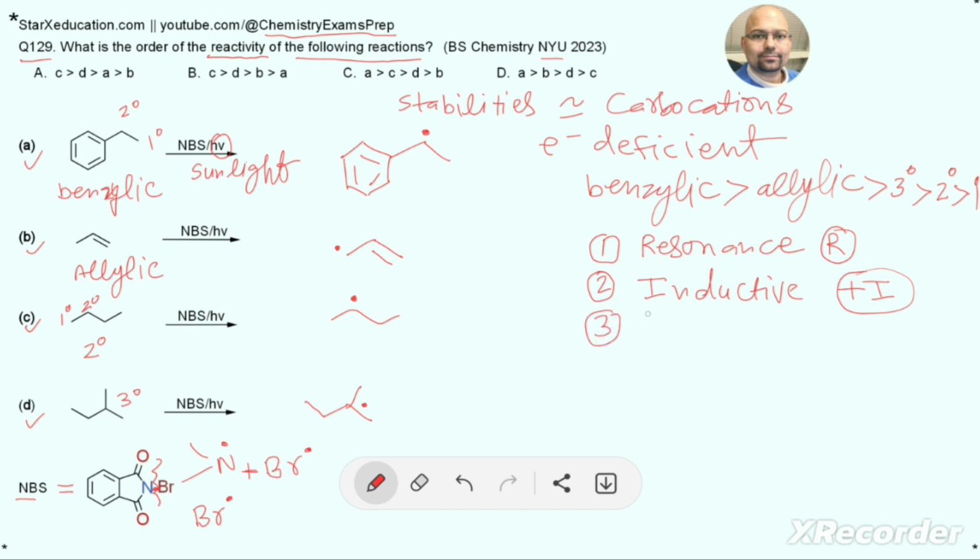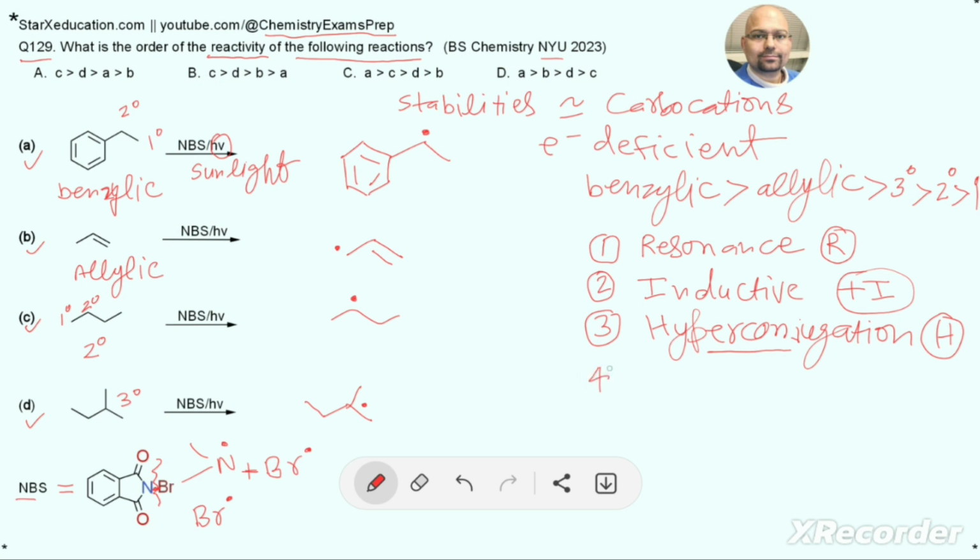The third one is the hyperconjugation, which is the stabilizing factor where the sigma electrons of adjacent carbon hydrogen bond stabilizes the electron deficient carbon that bears the free radical. So the interaction in hyperconjugation would be the sigma electrons with the p orbitals.